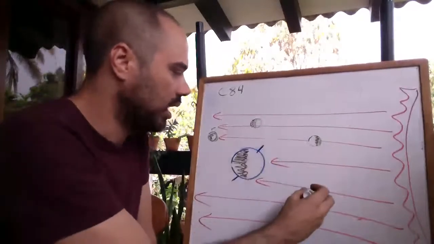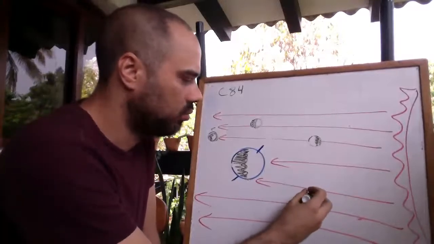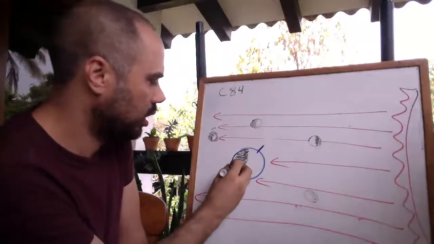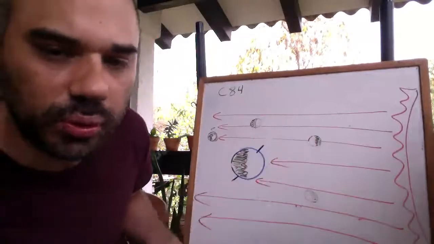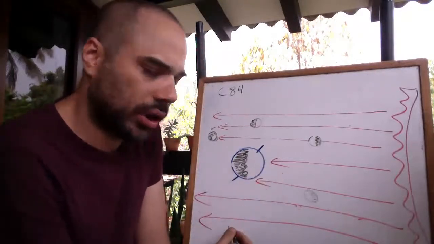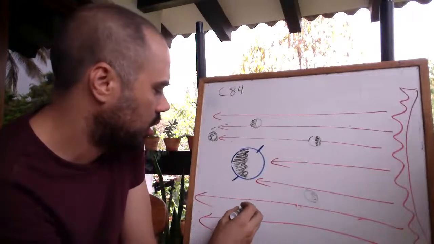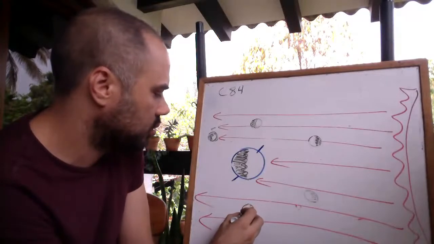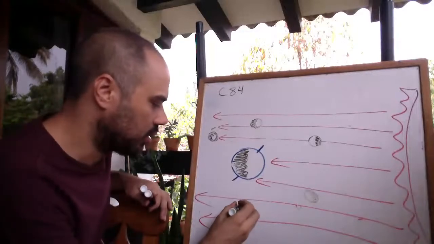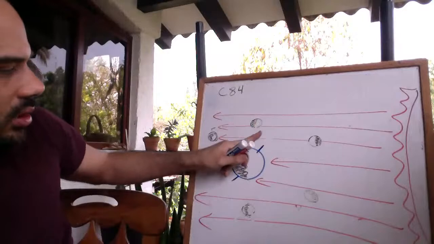And then the moon makes its orbit, and the same thing. You cannot look at the moon when it is over here. This is what we call a new moon. When the moon is over here, we are looking at the other side.